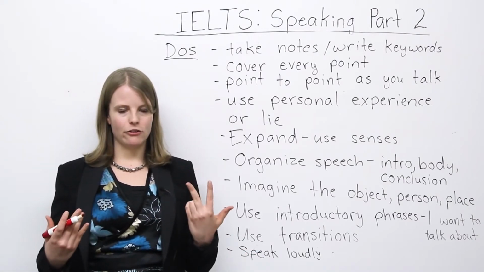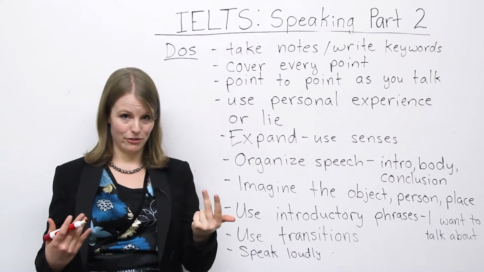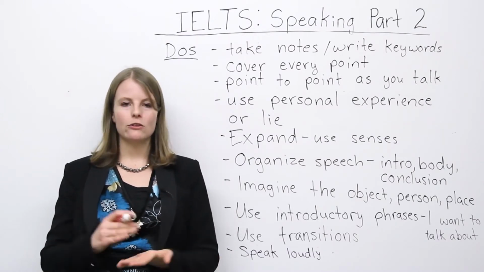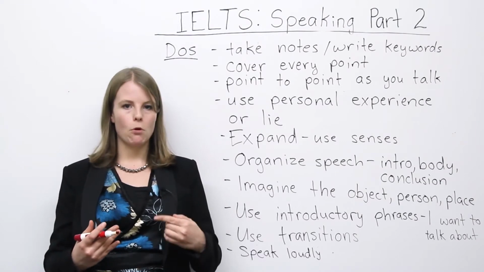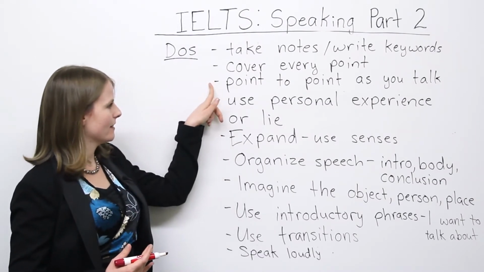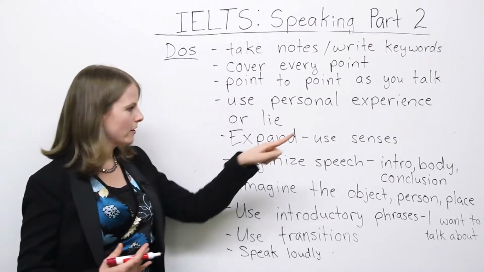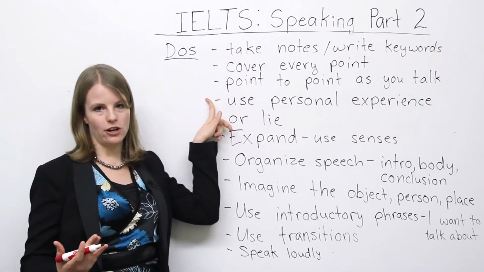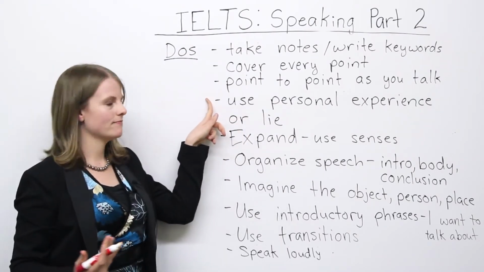So if you get these 3 questions, make sure you answer each question, okay? And what's a good way to know you've answered each question? As you talk, point. So for example, point to point as you talk. Put your finger on the point you're talking about. So if this says, why did you go to the museum?